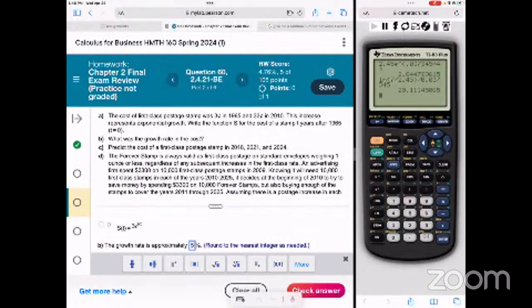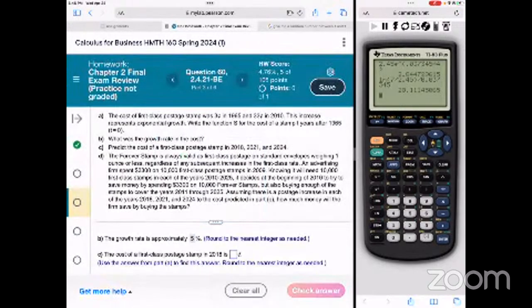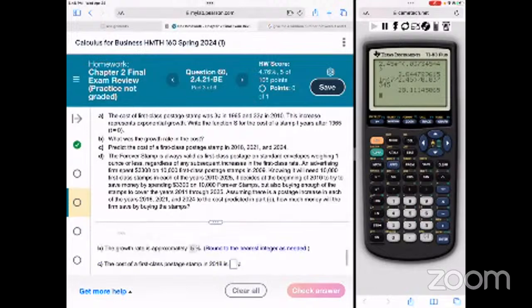Okay. The cost of the first class stamp in 2018. If 65 is year 0, then 70 will be 30, 48 plus 5, 53 years later. So we need to plug in when T is 53 into that model.